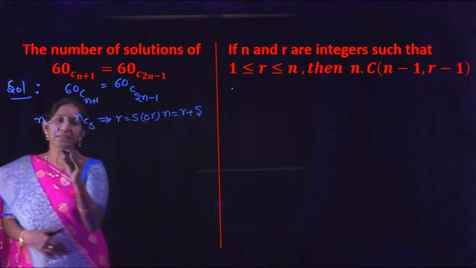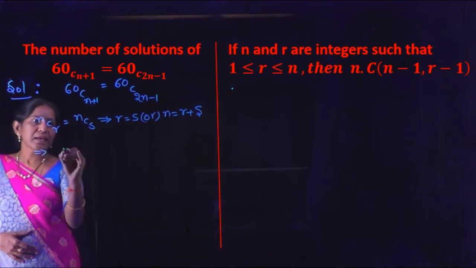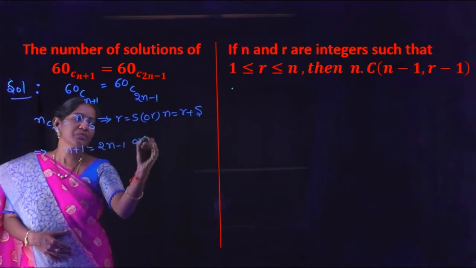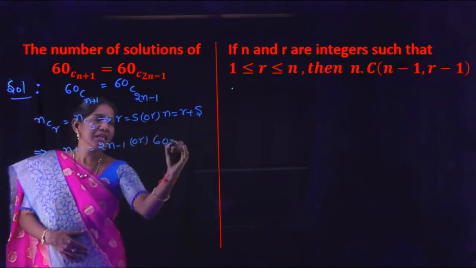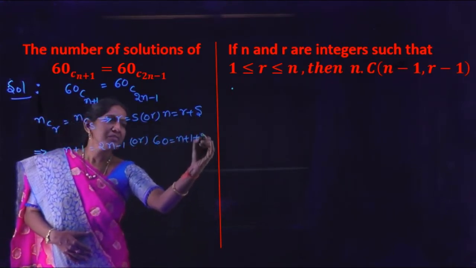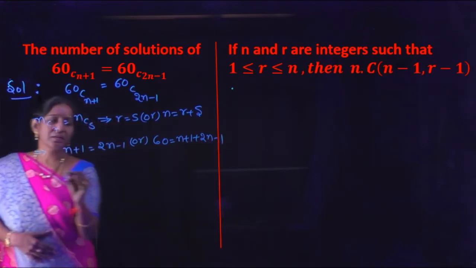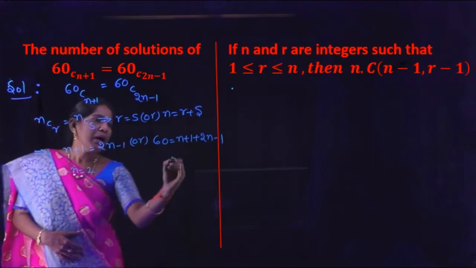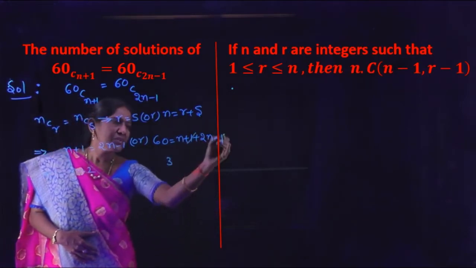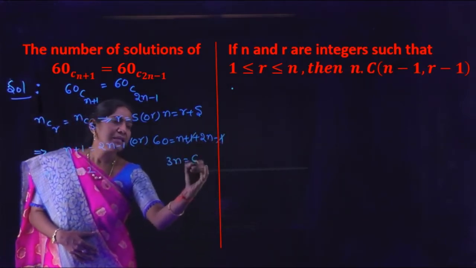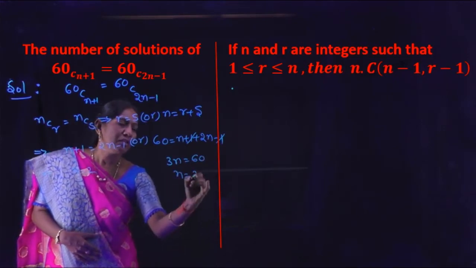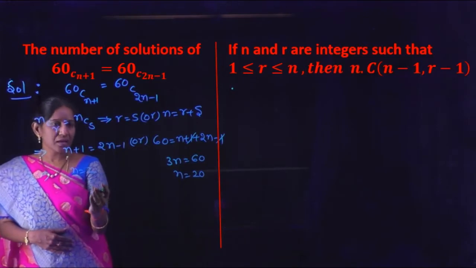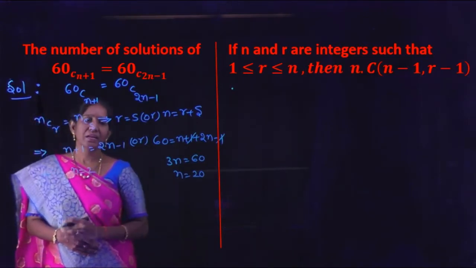So, by applying this, we can get n plus 1 is equal to 2n minus 1, or 60 equal to n plus 1 plus 2n minus 1. This implies the value of n is 2, and from this, plus 1 and minus 1 get cancelled, 3n equal to 60, the value of n is 20. So, the values of n are 2 or 20.